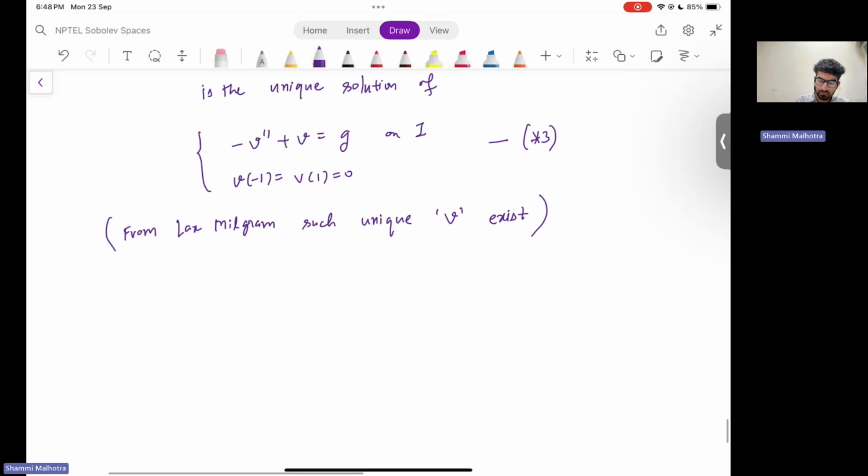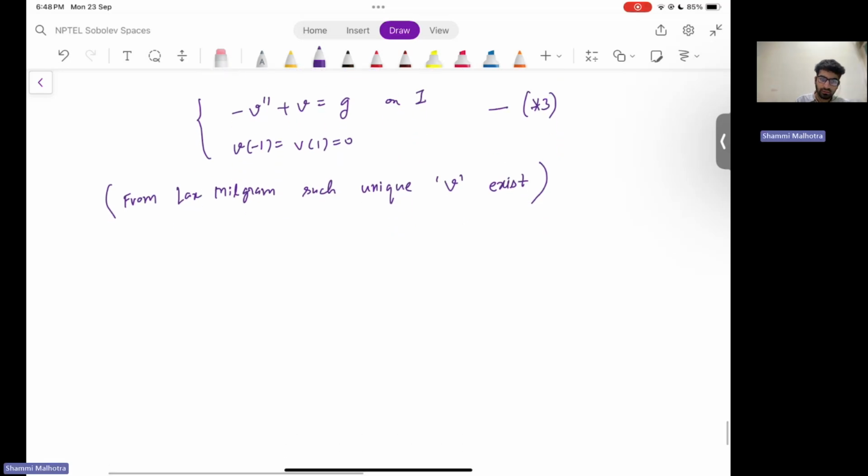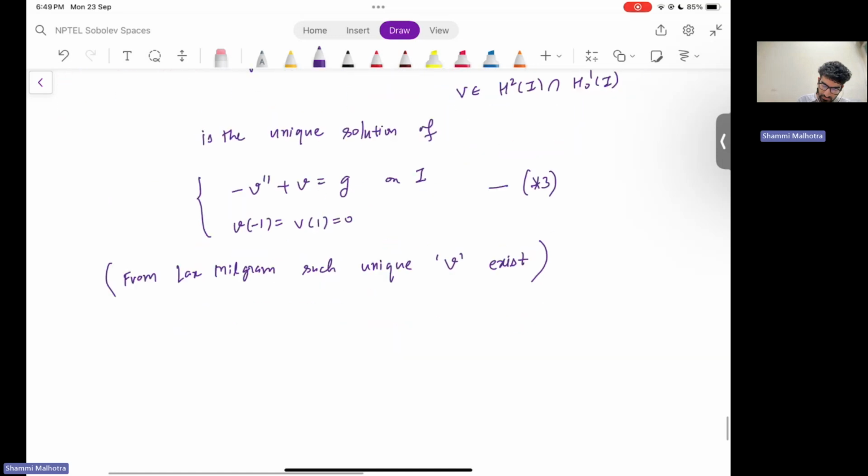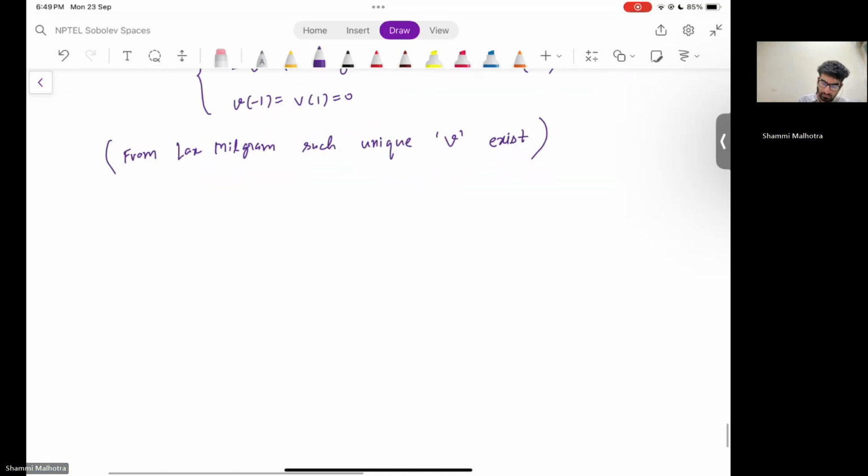And once that is there, what more we have seen is that we have minus phi double dash plus phi equal to 1, and phi(-1) and phi(1) are both 0. So phi is the solution of this.